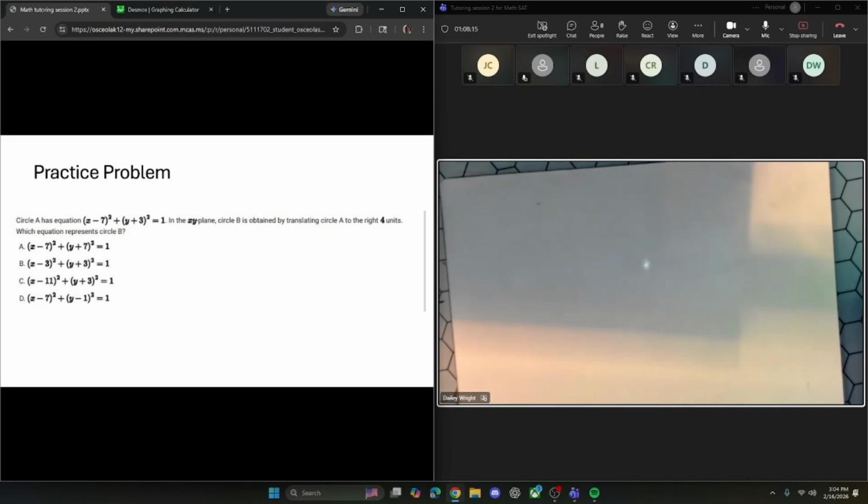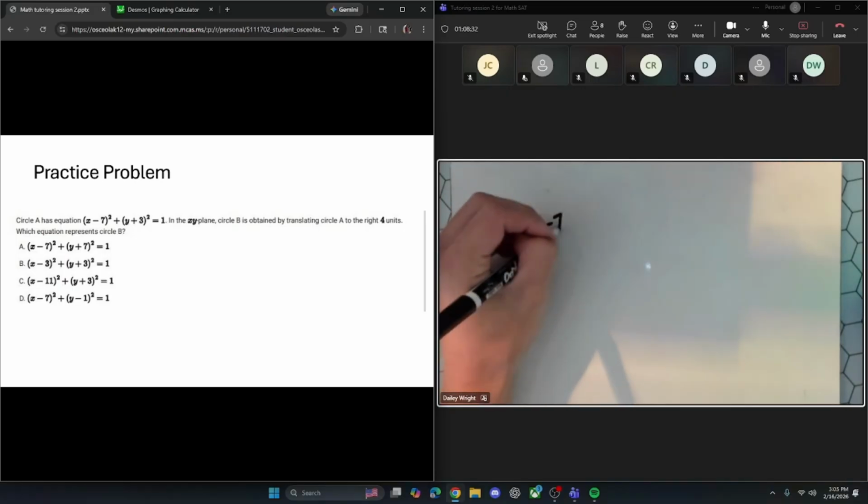Circle A has the equation (x minus 7) squared plus (y plus 3) squared equals 1. In the xy plane, circle B is obtained by translating circle A to the right 4 units. Which equation represents circle B?